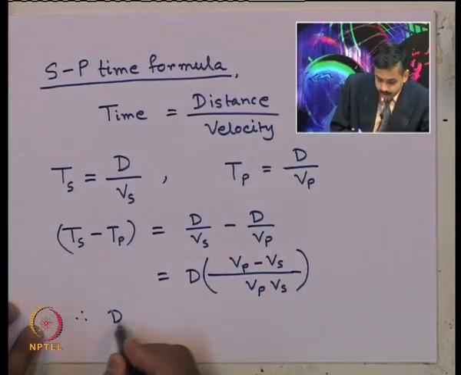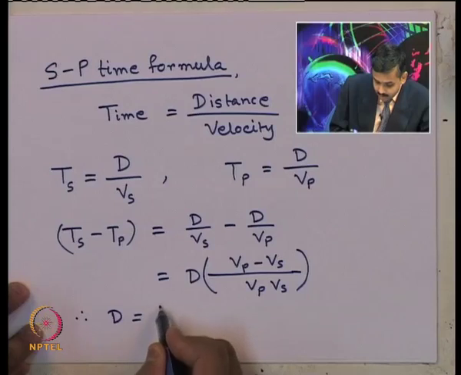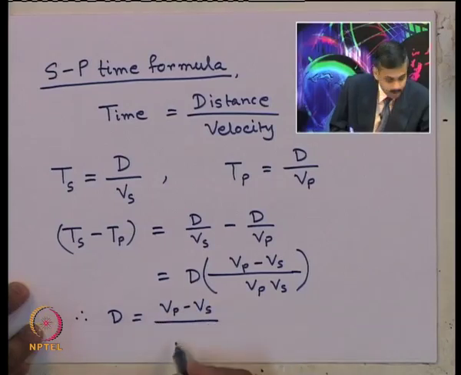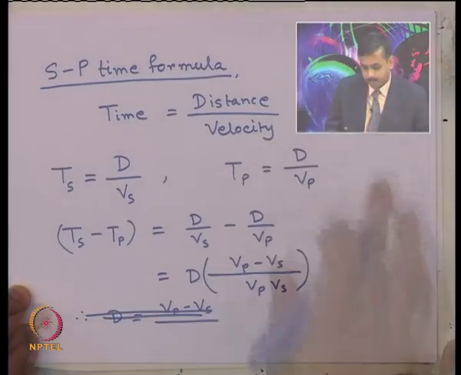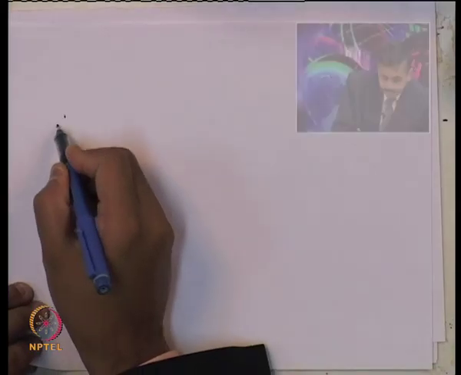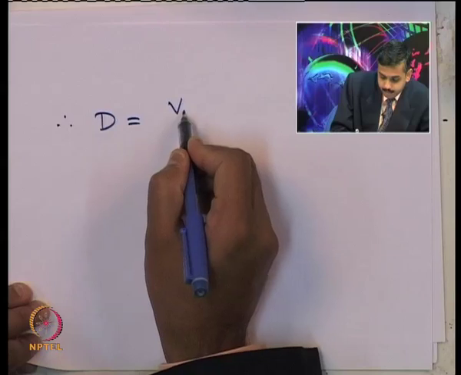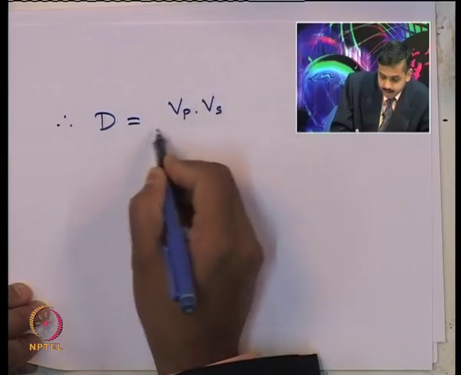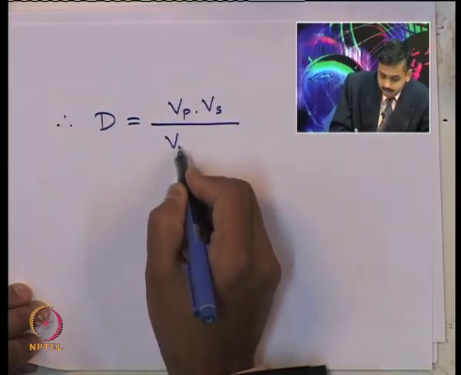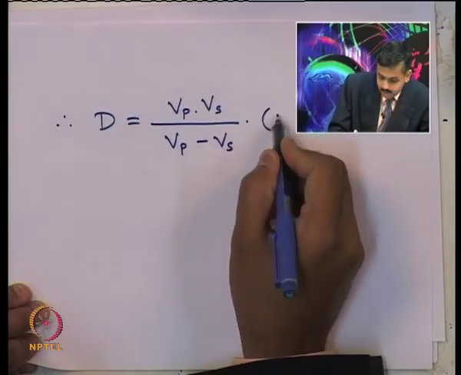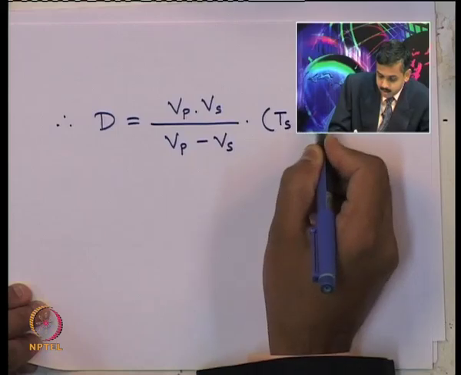Therefore, the distance d can be computed as d equals V p V s by (V p minus V s) times (T s minus T p).